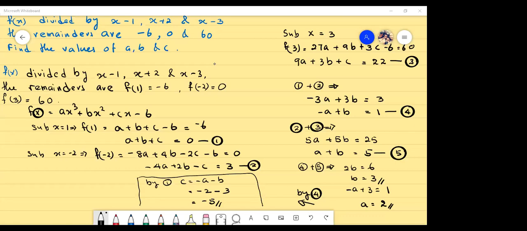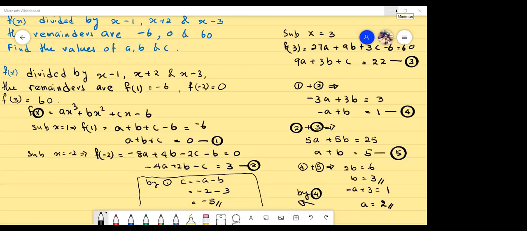Raise your hands. Who got the correct equations? Good. Then you need to solve this correctly because we have enough knowledge for that. You know about that very well.